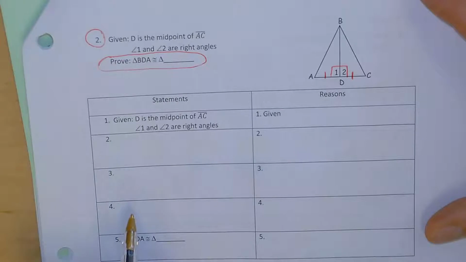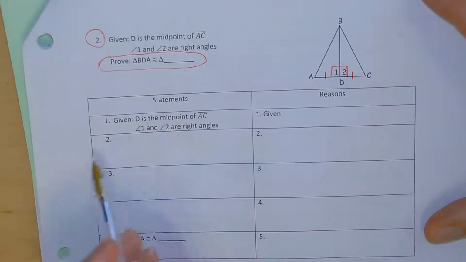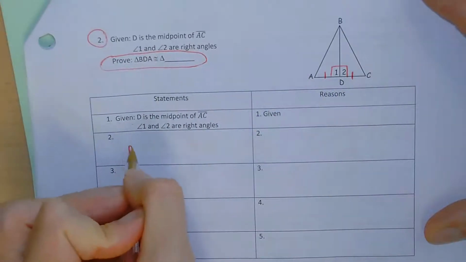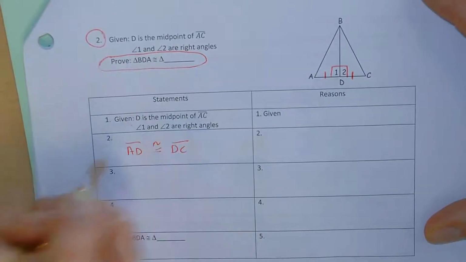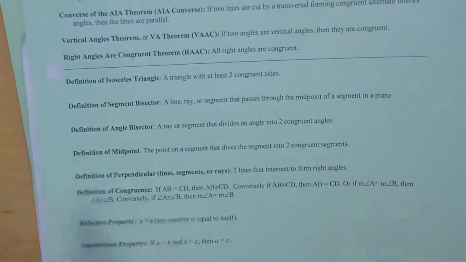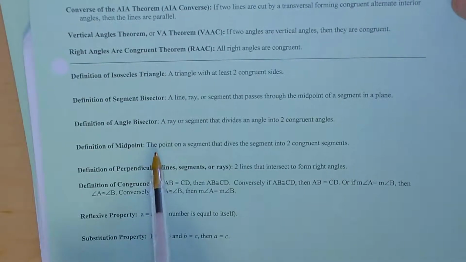So we need 3 congruent pieces. We're going to go to the fact that we have a midpoint. If D is the midpoint of AC, then we could say that segment AD is congruent to segment DC. And the reason we would be able to say that is on this green sheet that you guys have, or whatever color it might be for you if you're at home, we are going to be using the definition of midpoint, which we've used before.